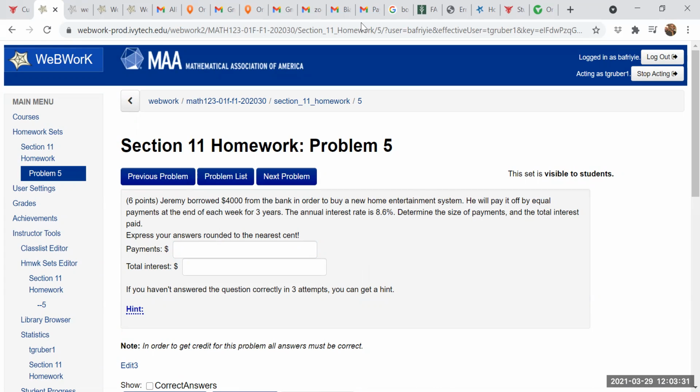Okay, I'm going to do that for you. At the end of each week, we are talking about weeks for 3 years. Is that okay? So what you need to do to find the payment is type equal sign PMT, and the interest rate is 8.6, so this will be 0.086.